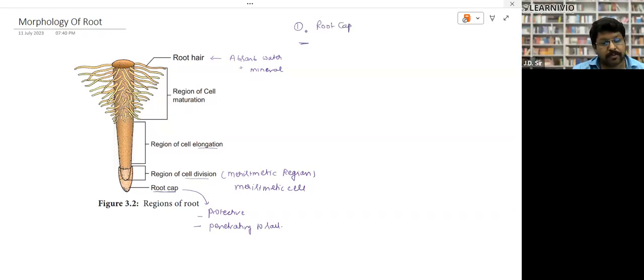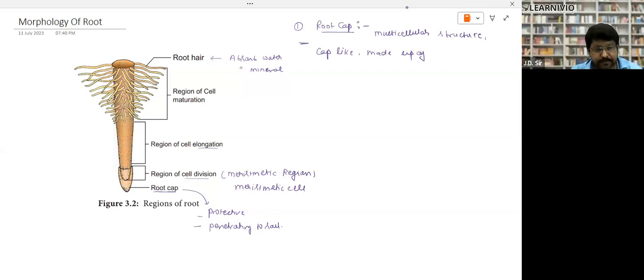Root cap is a multicellular, cap-like structure made up of parenchymatous cells.